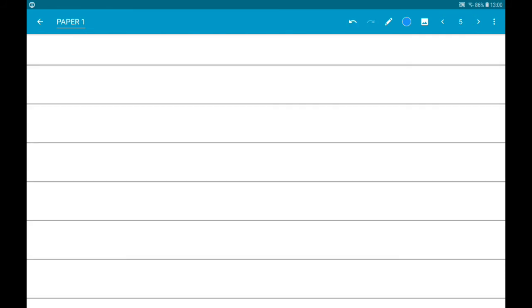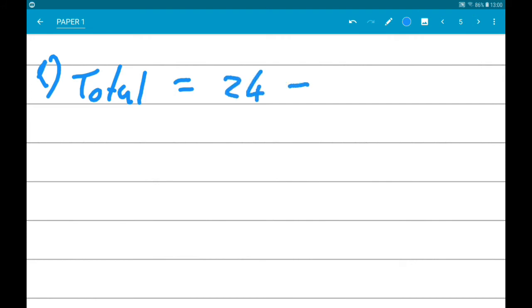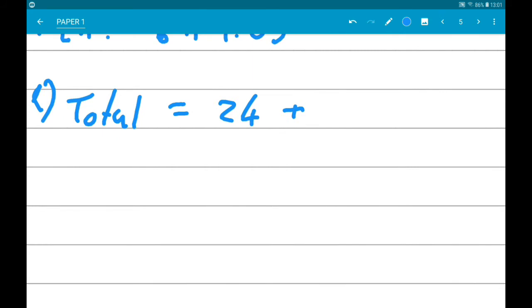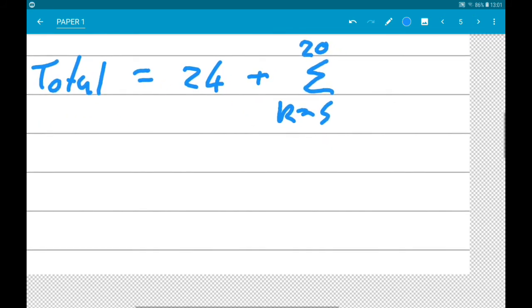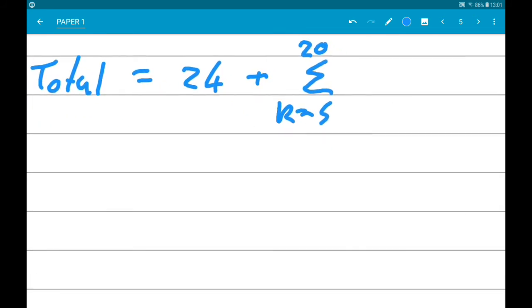So our total time is the 24 minutes for the first 4 kilometers, and the sum from k is 5 to 20 of 6 times 1.05 to the k minus 4.